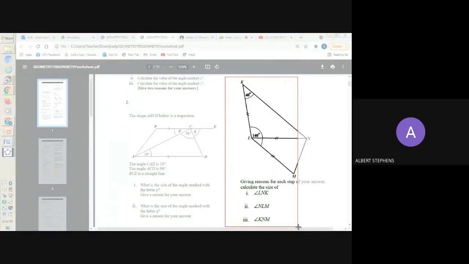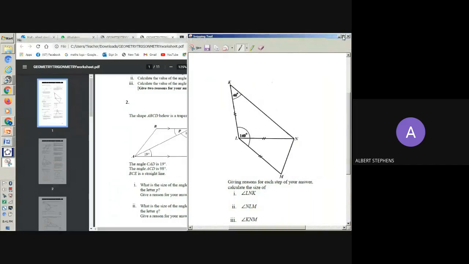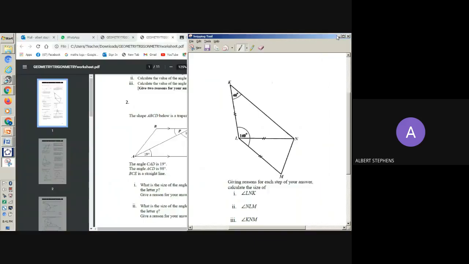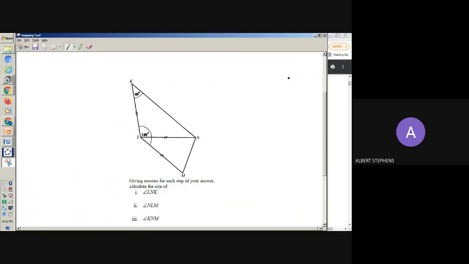I'm going to give you 5 minutes to see if you can figure out this. After this question, we're going to do another question, and we're going to look at what we call circle theorem.